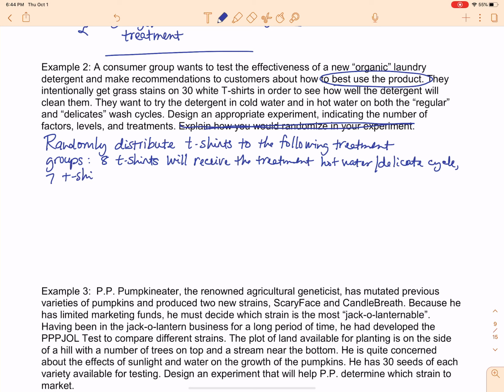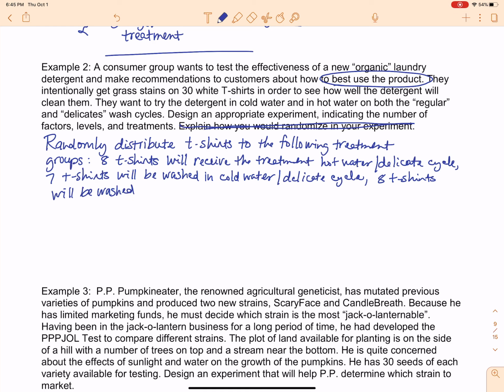7 t-shirts will be washed in cold water, delicate cycle. Eight t-shirts will be washed in hot water, regular cycle.